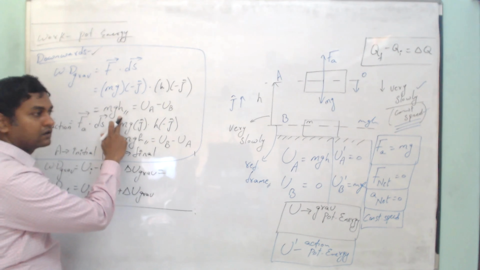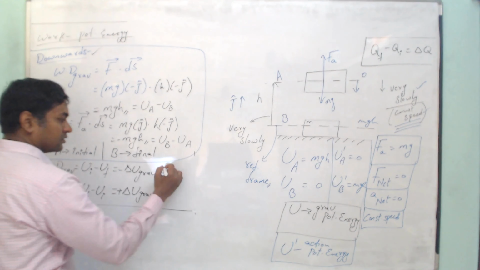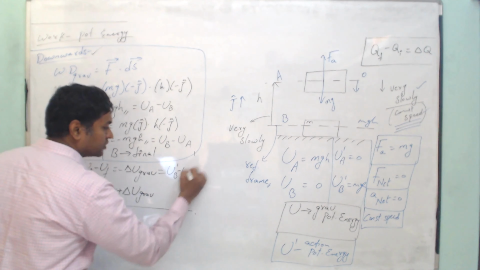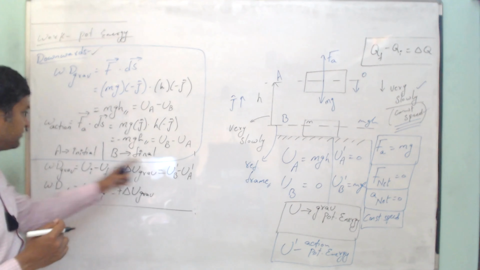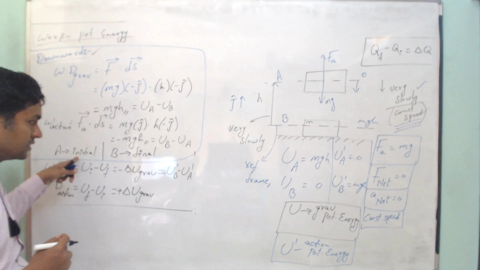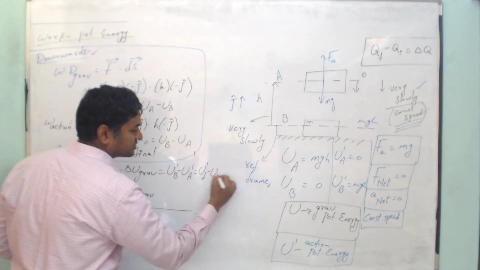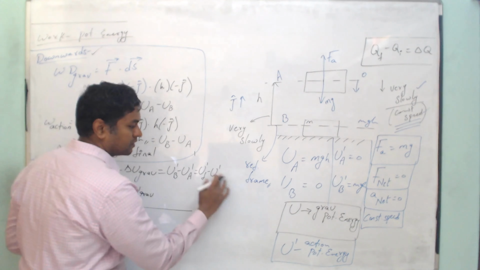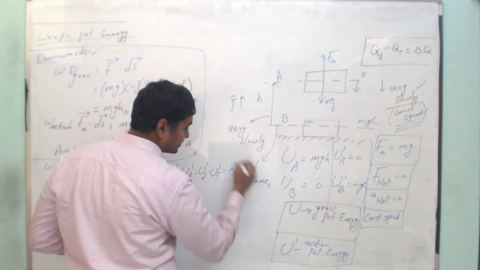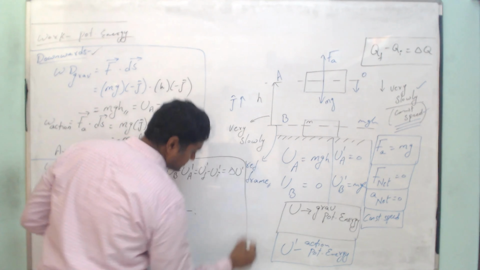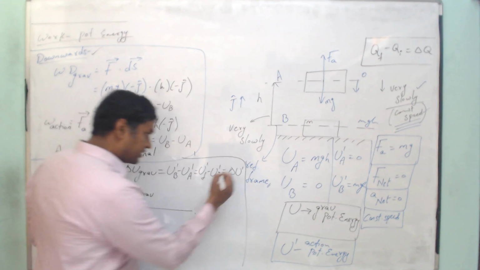Now to get mgh, I have to do UB dash minus UA dash. It will be positive. B is final, A is initial. That means this is U dash final minus U dash initial. Final minus initial is my change in physics. Basically, I am writing this as delta U dash. And this delta U dash is positive.